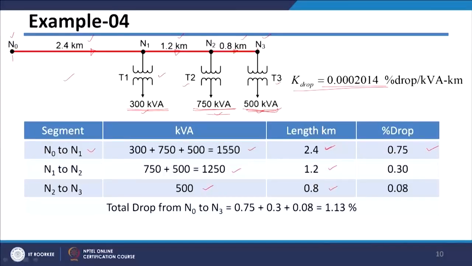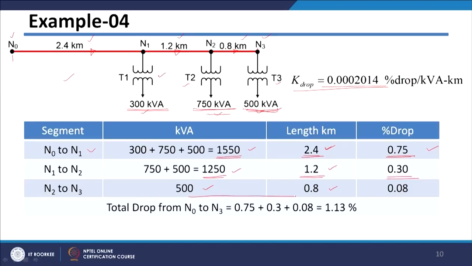Then we can easily calculate voltage drops in all the 3 feeder sections. In the first section, the K drop factor multiplied by kVA multiplied by kilometer will give me the drop in the first section. In the second section, again the K drop factor multiplied by kVA multiplied by the distance, that is 1.2 kilometer, will give the drop in the second.